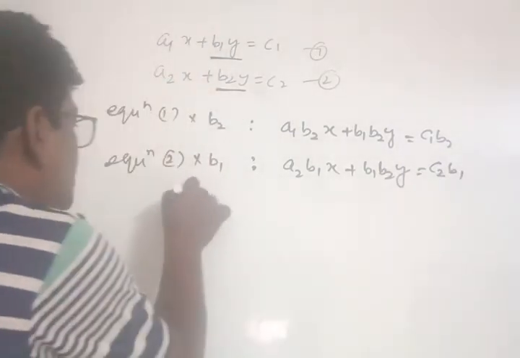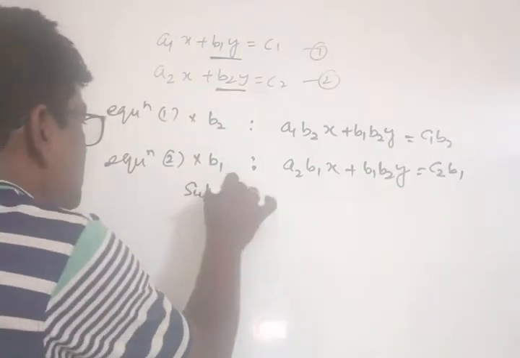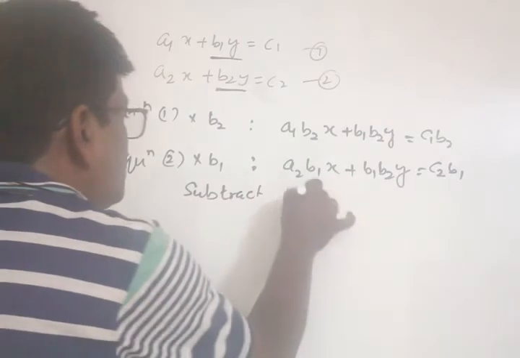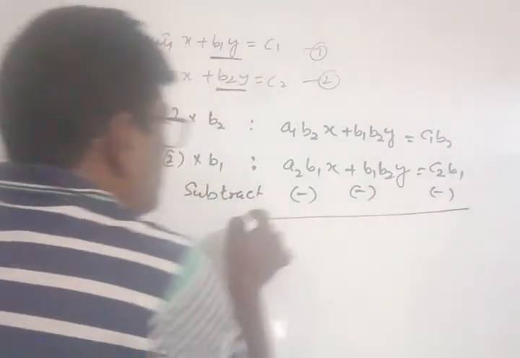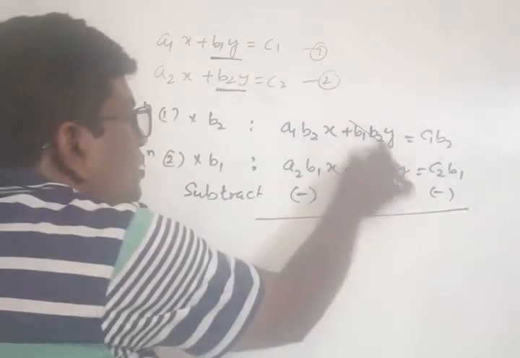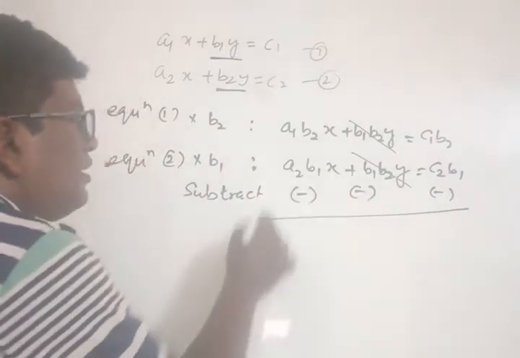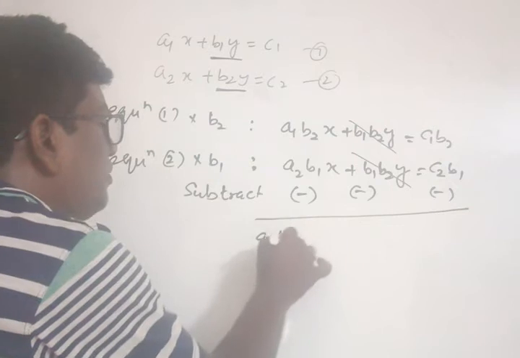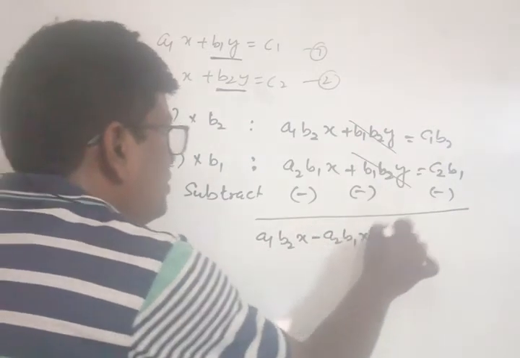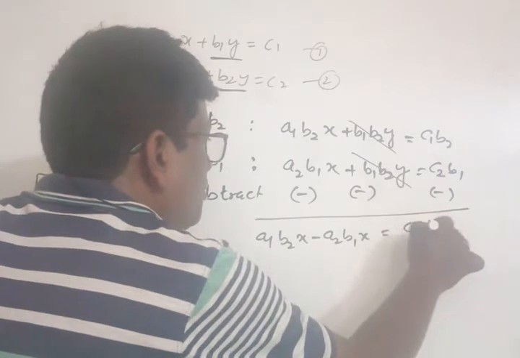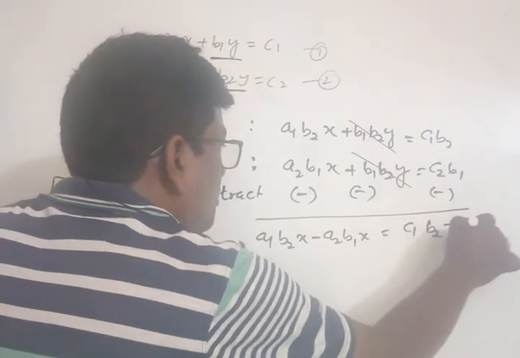Then subtract. Then this minus this, this minus this, this minus this. So the same term cancels, and here a1 b2 x minus a2 b1 x is equal to c1 b2 minus c2 b1.